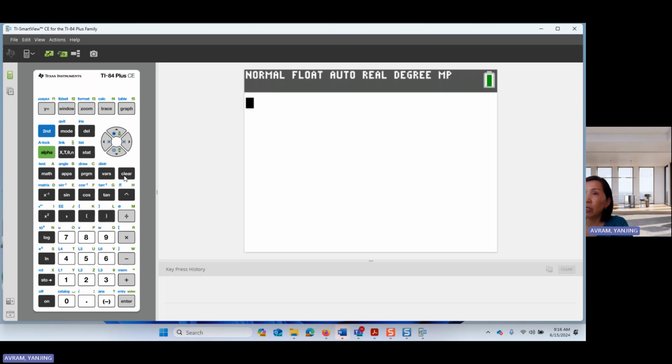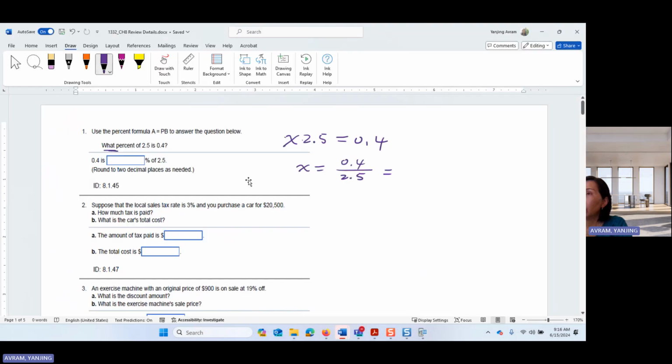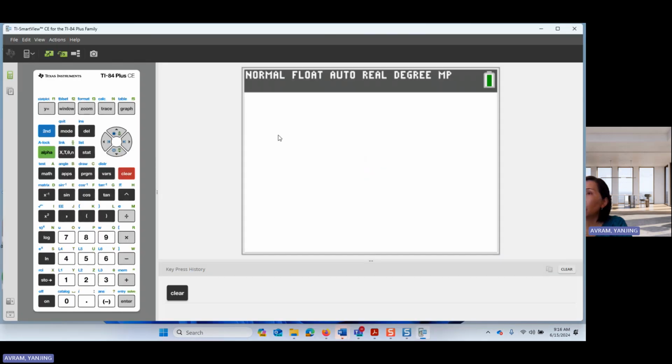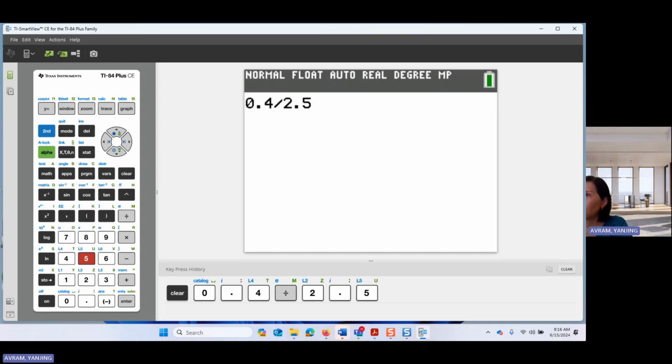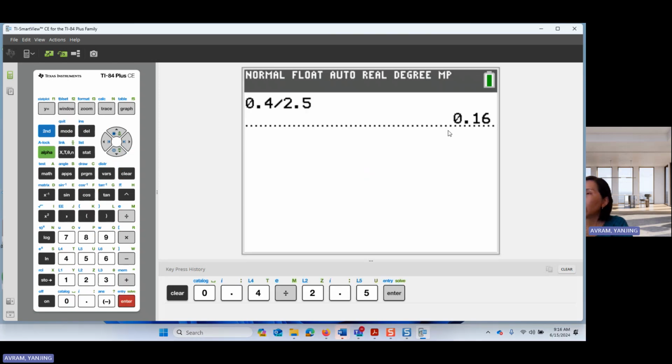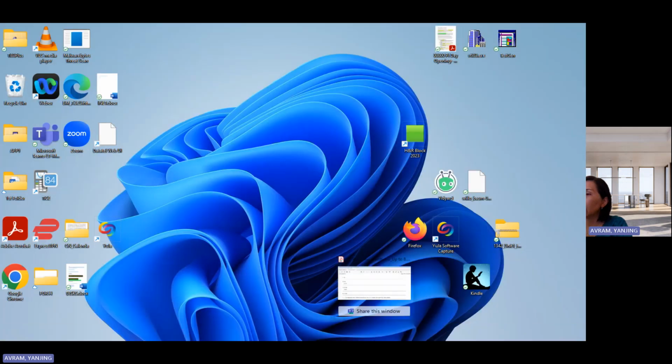And that's the calculator we are trying to show you, all right? So what percent of 2.5 is 0.4? So X times 2.5 equal to 0.4. So we have 0.4 divided by 2.5. That will give you 0.16, okay?